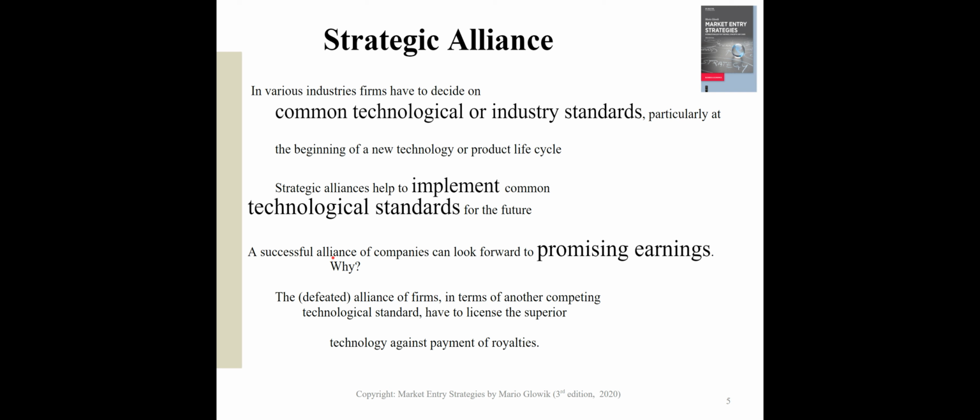A successful alliance of companies can look forward to promising earnings. And the question is why? The answer is the defeated alliance of firms in terms of another competing technological standard have to license the superior technology against payment of royalties.